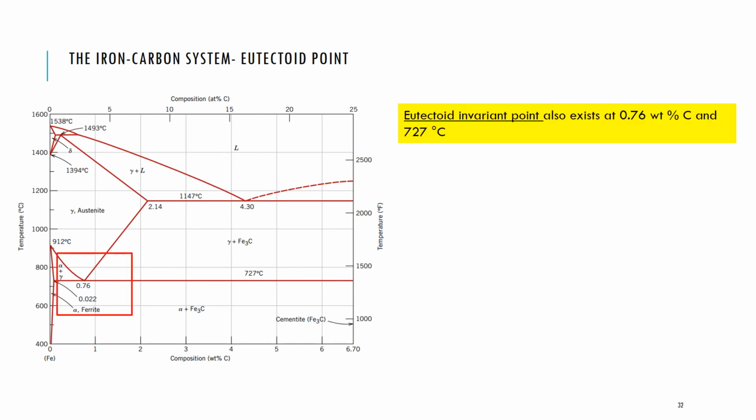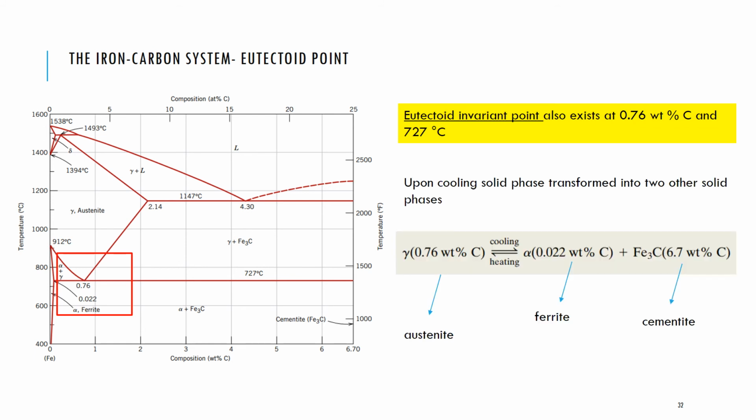There is also a eutectoid invariant point that happens at 0.76 weight% and 727 degrees Celsius. And here, upon cooling, a solid phase is transformed into two other solid phases, ferrite and cementite.